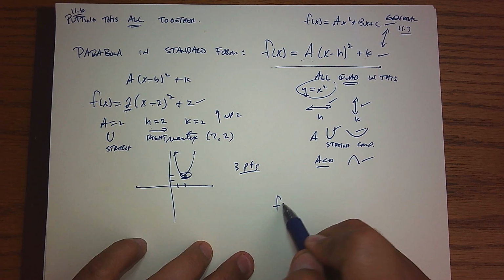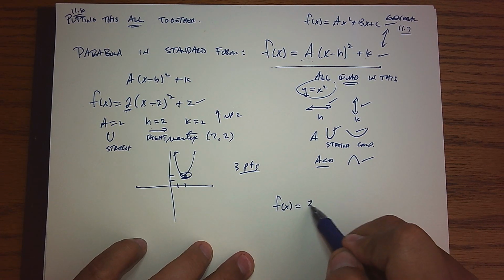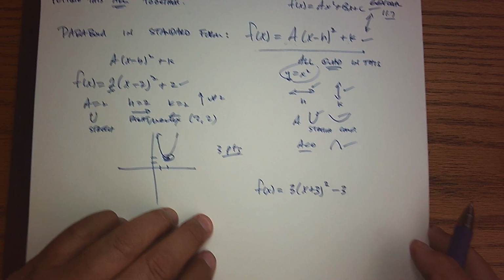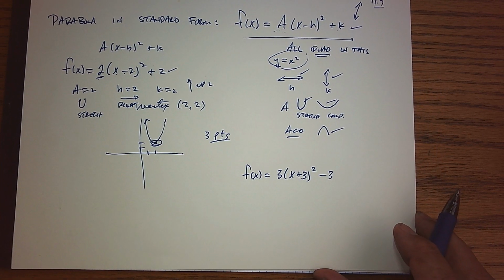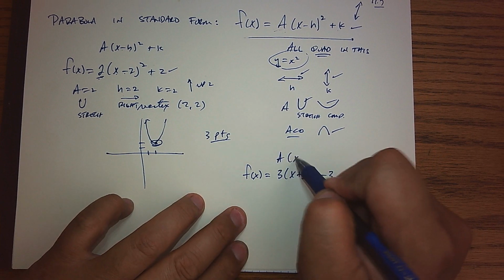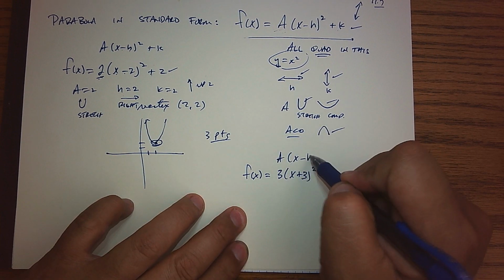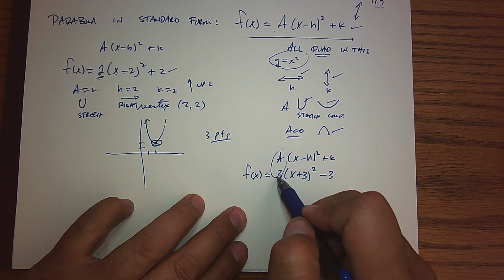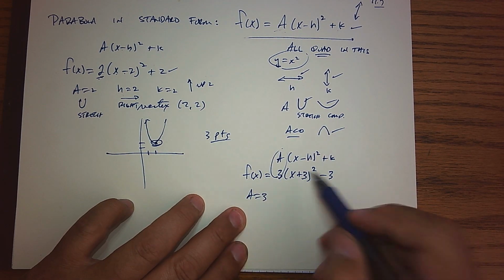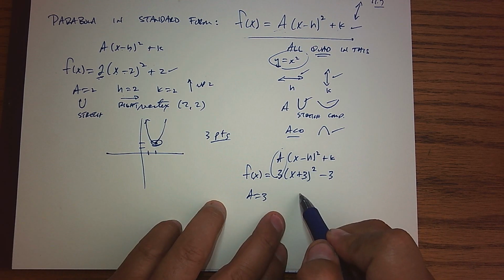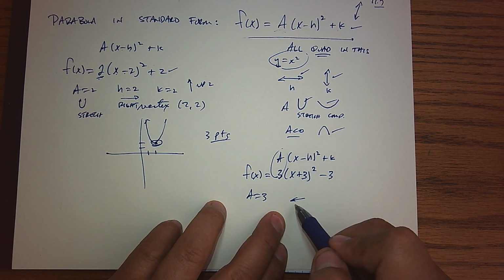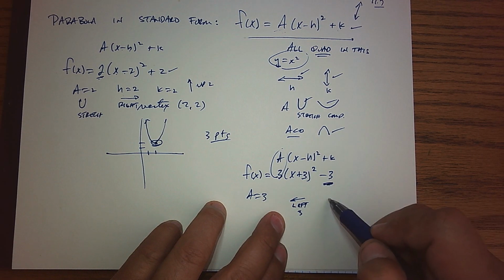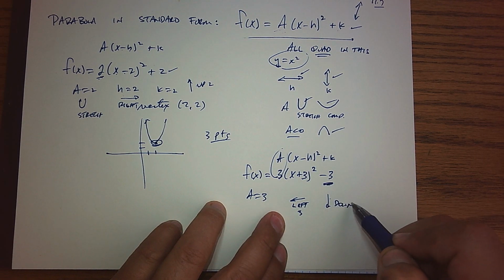Doing another example, if we had f of x equals, let's say 3, x plus 3 squared minus 3. Again, we're going to have to be careful. We're trying to match this form. And we can see we're off by signs. What's really clear is a is equal to 3. Here we've learned that this actually shifts us to the left 3 units, and this minus 3 actually shifts us down 3 units.